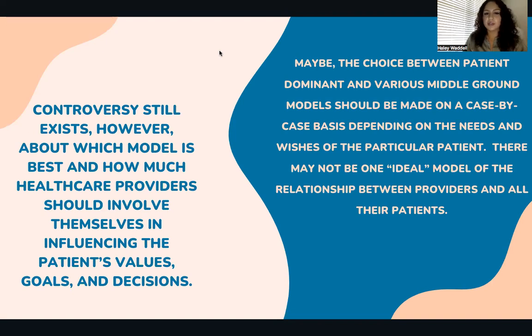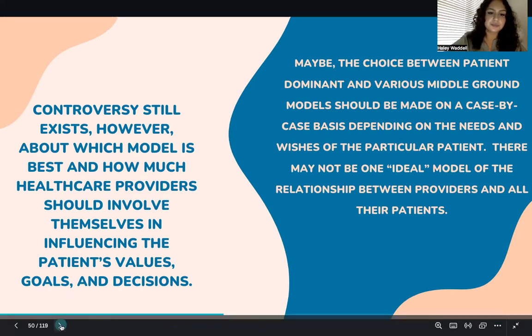That's where getting to know your patient and their history is really important when decision making time comes. Again, like with health literacy, do they have the capacity and the ability to make those decisions? So it really depends on the patient.